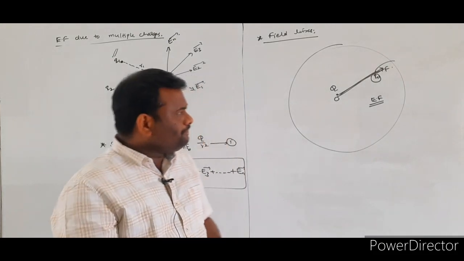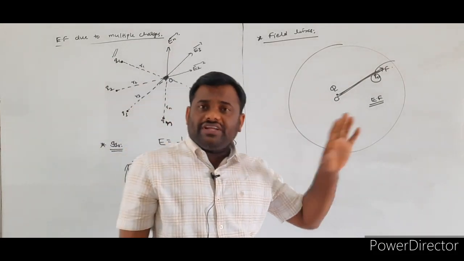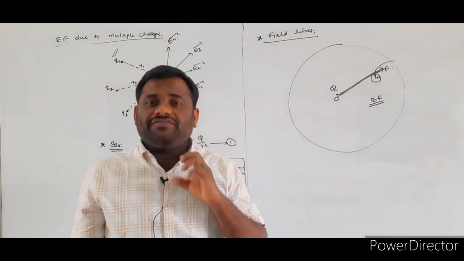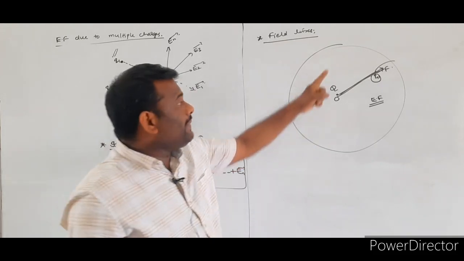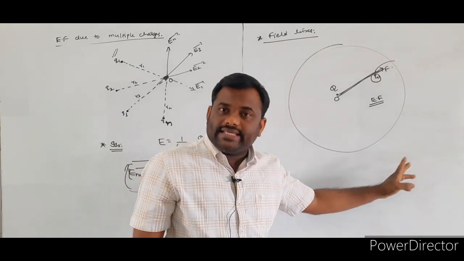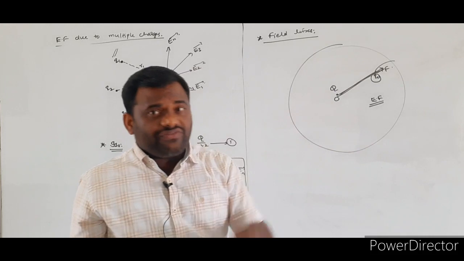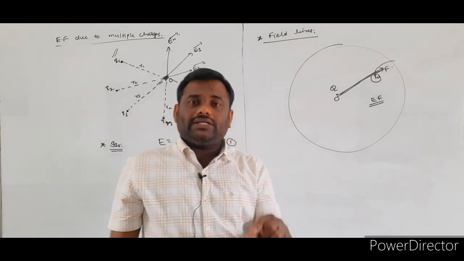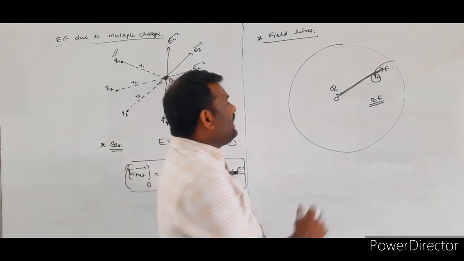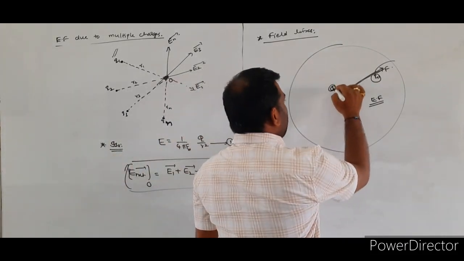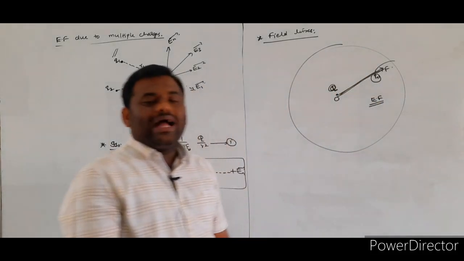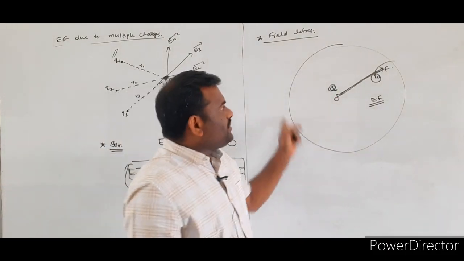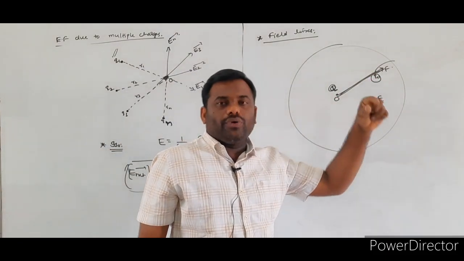Once again, listen. We know the definition of the electric field. What is the definition of the field? The space surrounded by the given charge, in which other charged particles will experience the electrostatic force. So here we keep a charged particle capital Q at the point O. As a result, around the charged particle, electric field will be produced.